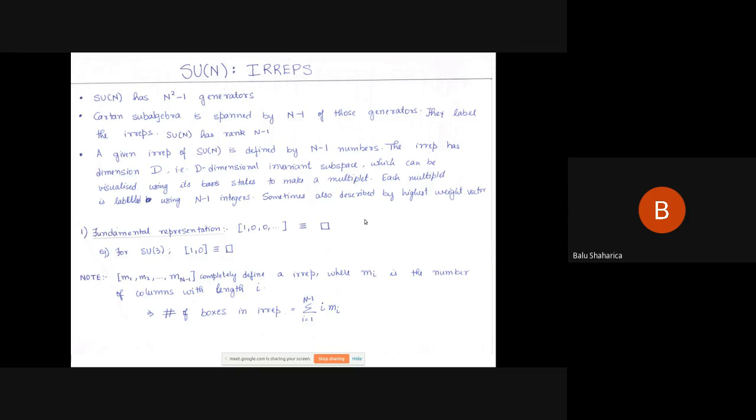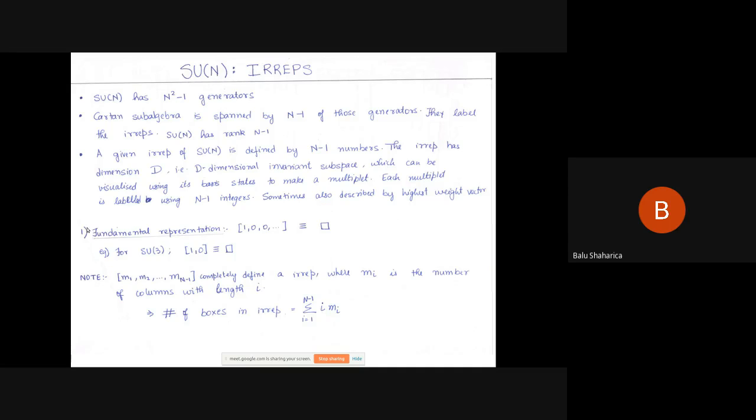So what I'm trying to say is, for every irrep, these N minus 1 integers will define it. These are called Dynkin integers. In some text, I will provide the references.